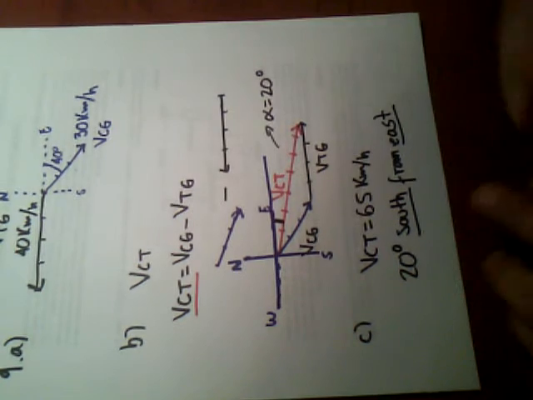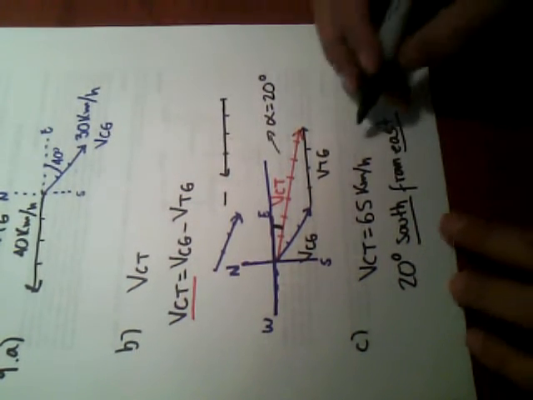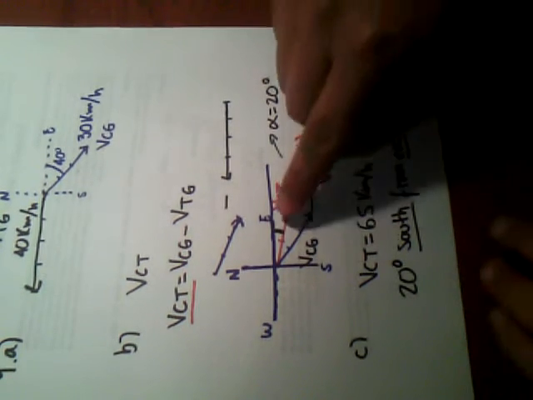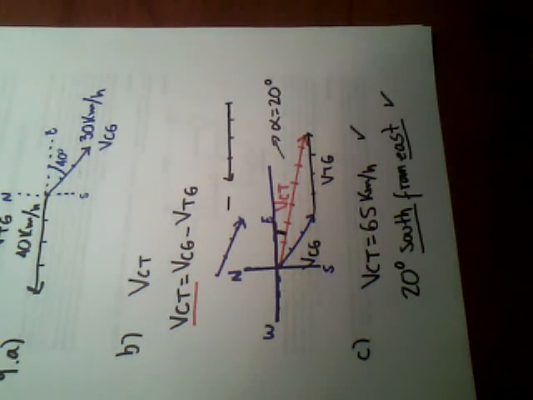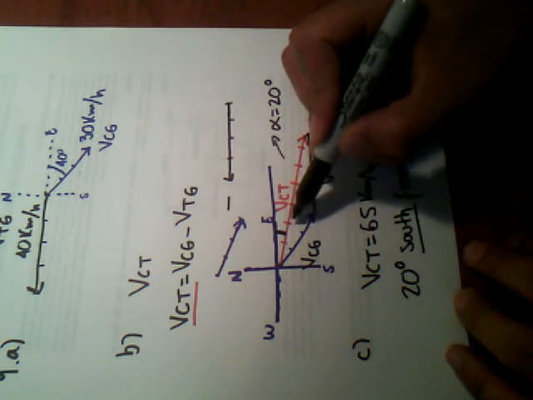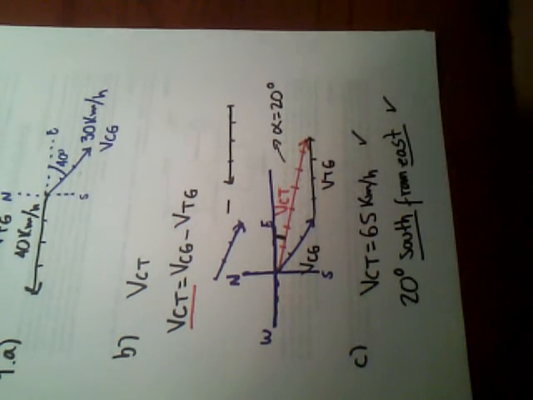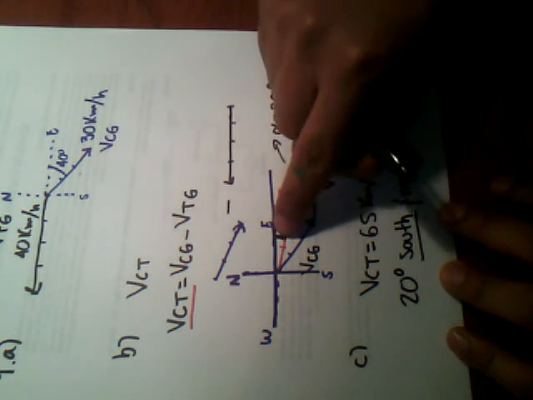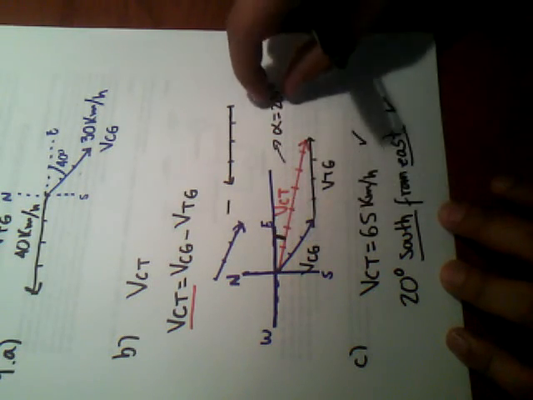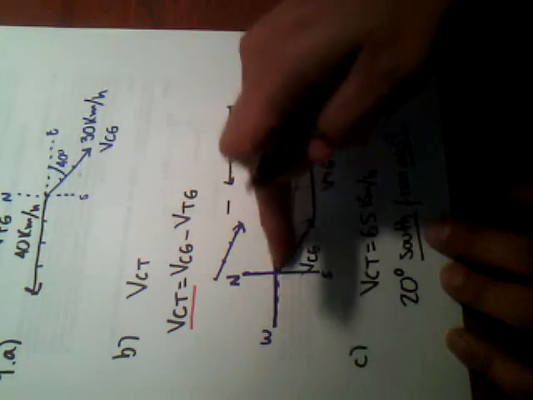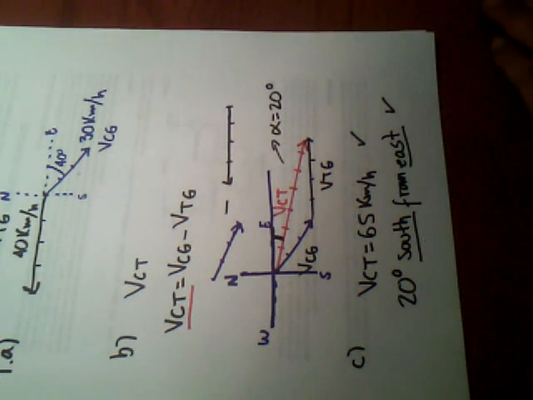With these two pieces of information, I've given the magnitude and the direction. The angle is this one, or it's also possible to measure the other angle down here, but that's up to you. I chose to measure this angle with the protractor and it gave me 20 degrees, so my direction is 20 degrees south because I'm going down from east. And that's it.